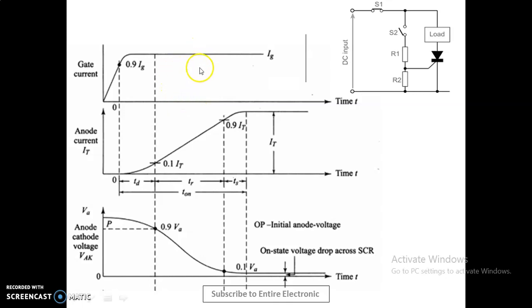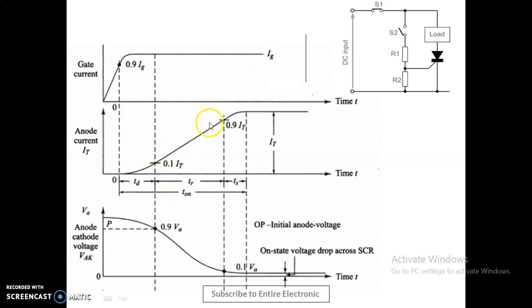But if we keep the gate current pulse amplitude very large, then the device may get damaged, or simply we can say the device can burn. In technical language it is called a local hotspot. If gate current amplitude is large, the rise time is reduced and anode current increases very rapidly, but this can damage the device.